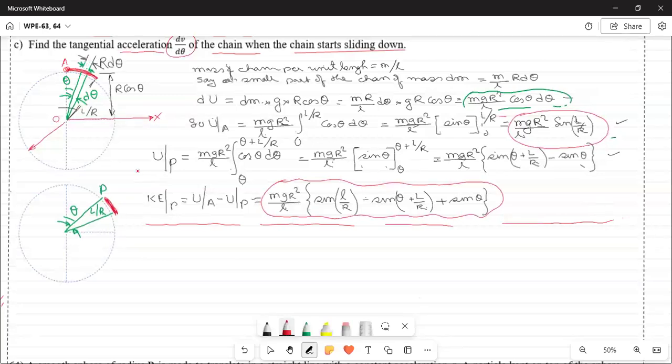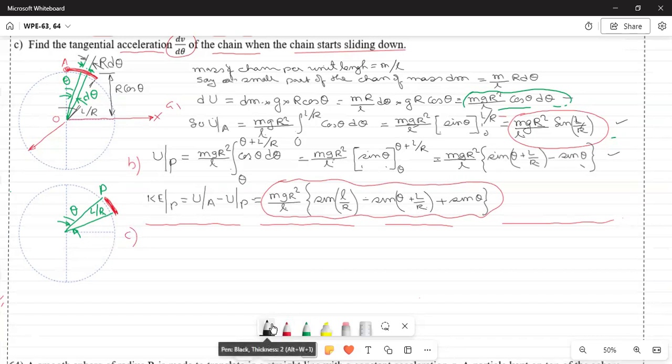This was part A, this was part B, and now we are at part C. Here we write tangential acceleration, or any acceleration, is equal to force divided by mass. I am writing this at the very beginning because we shall find the force and then divide it by mass to find the total acceleration.